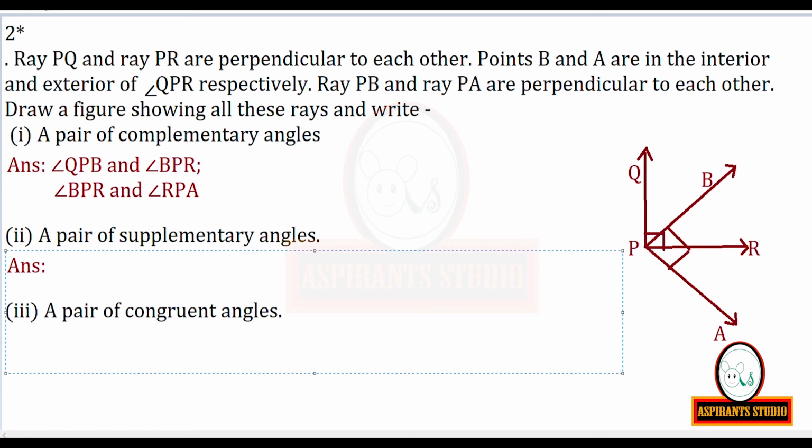Because separately, if you see, the measure of angle QPR is 90 degrees and the measure of angle BPA is also 90 degrees. So their sum will become 180 degrees. So the pair of supplementary angles is angle QPR and angle BPA.